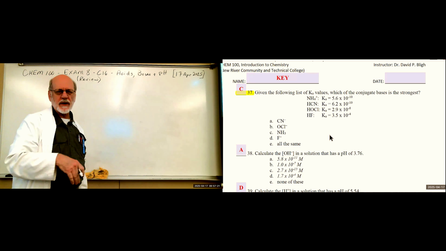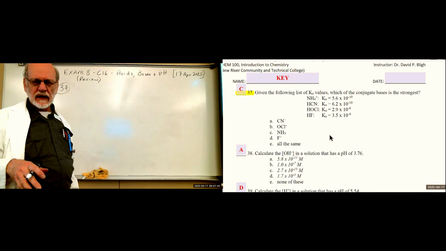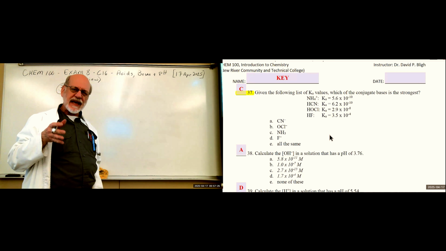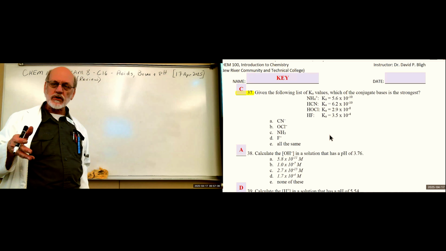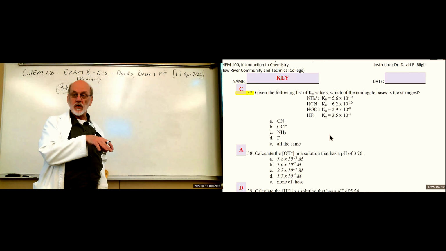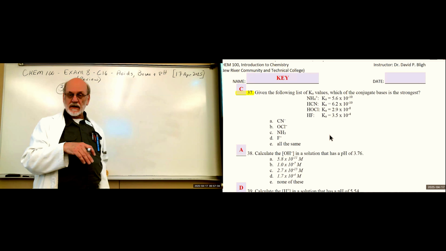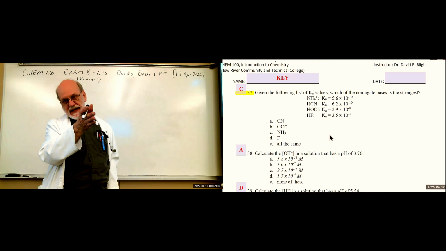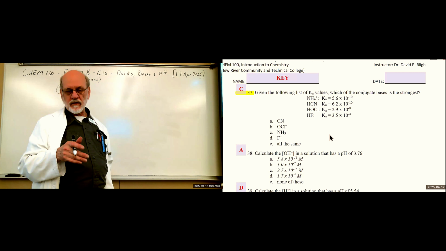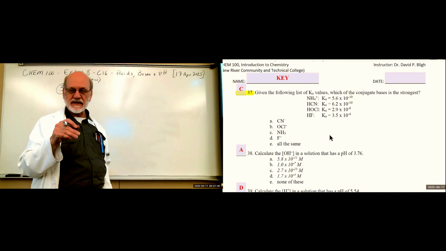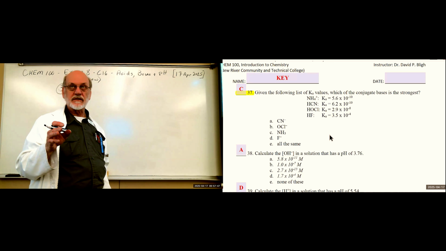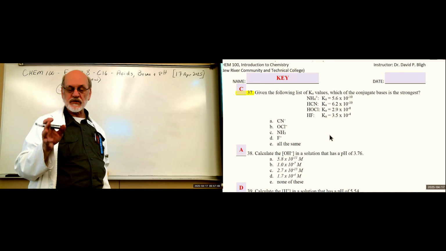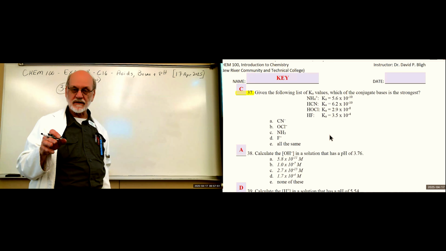So rather than write all those up there, let's look at the Kas. What does the Ka mean for an acid? The larger the Ka, the stronger the acid. So let's look at the powers of 10. All right, we've got -4, -8, -10, and -10. We're looking for the strongest base, the conjugate base that's the strongest. So we want the weakest acid.